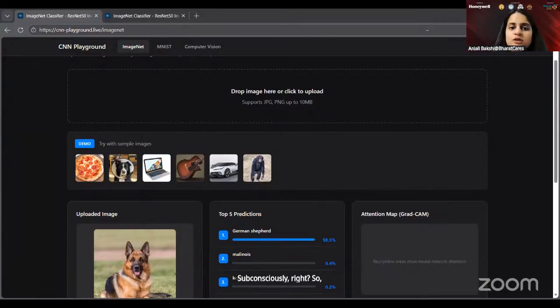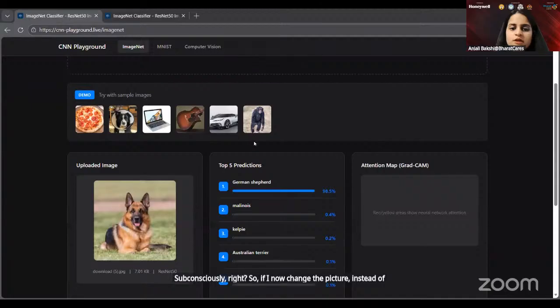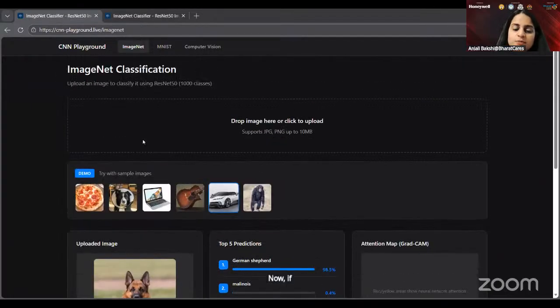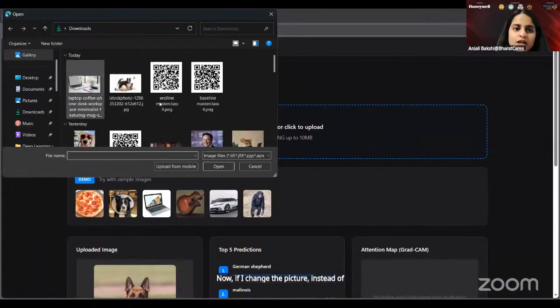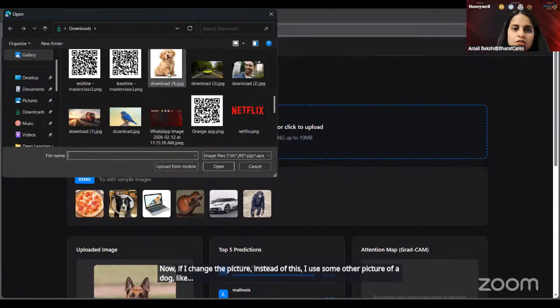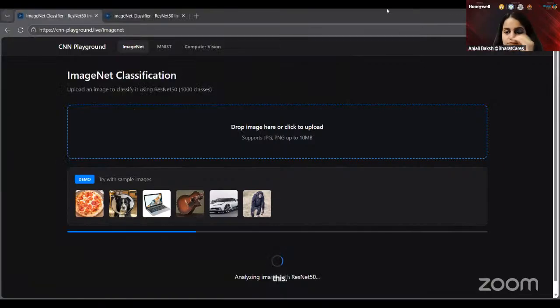So if I now change the picture, we will get back to this. Now if I change the picture, instead of this, I use some other picture of a dog like this. So now I have uploaded some other breed.